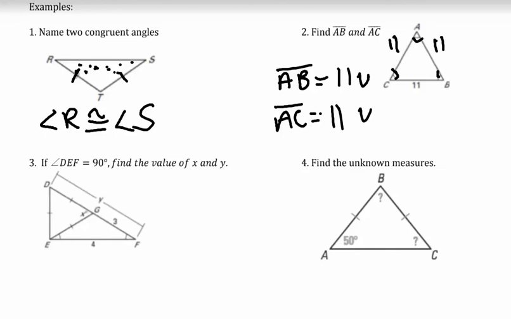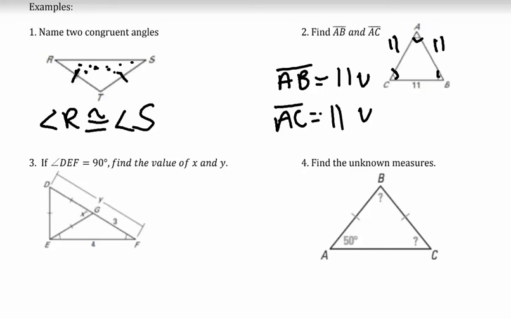Number 3 is where it gets a little more entertaining. It says if DEF is 90, so DEF is 90, that's this, that's 90. Find the value of X and Y. All right, if I just erase that for right now, I'll come back to that in a second. Let's break it up.